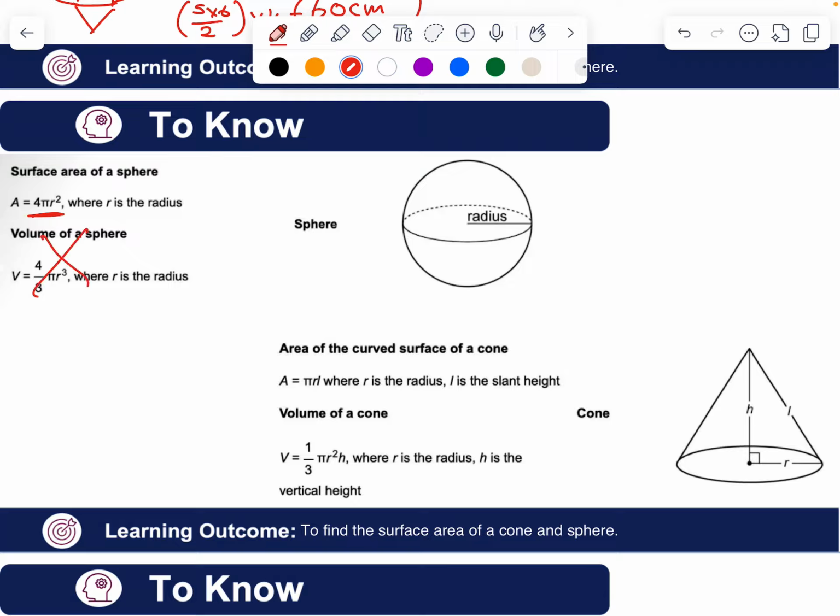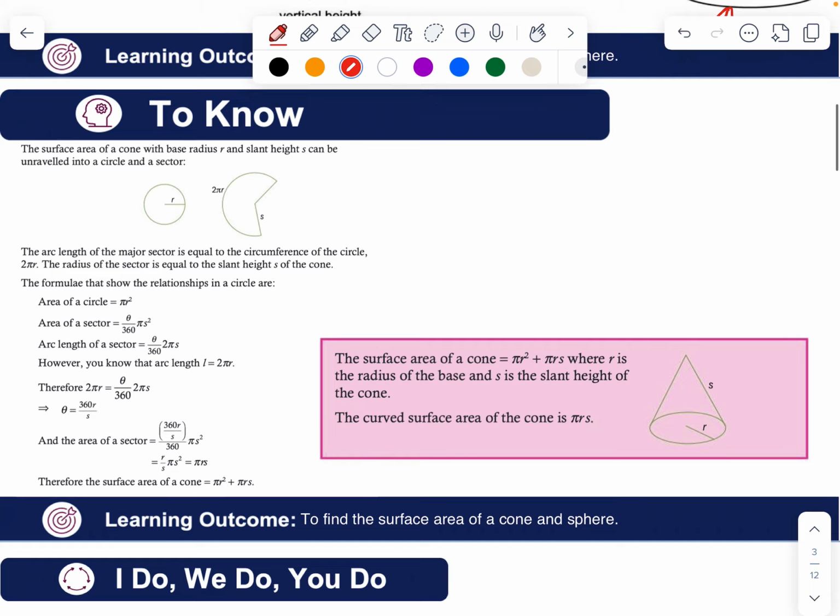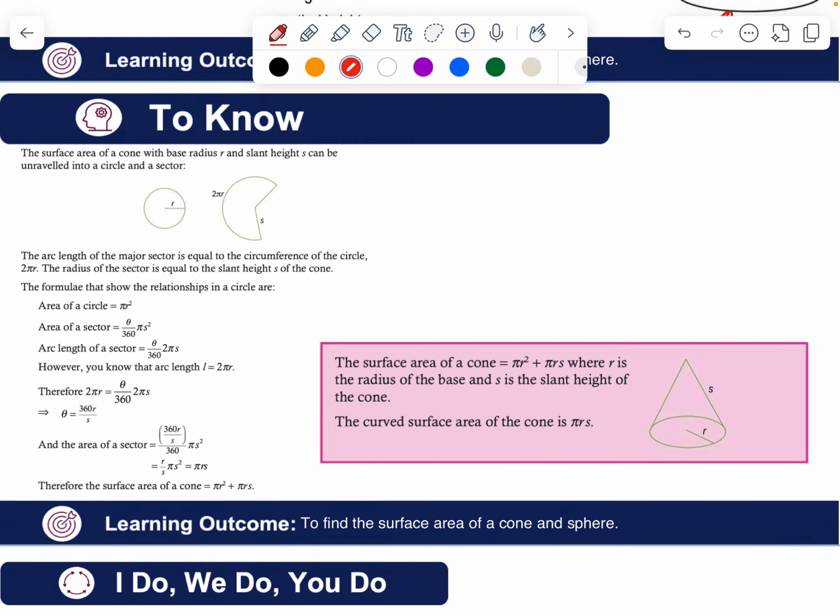When we look at a cone, they only give you the curved surface area, which is pi radius, and then the length, the L, which they call the slanted height. They're only giving you basically the outside. You also would then have to work out the area of the circle at the bottom, and that's explained a little bit more on this page.